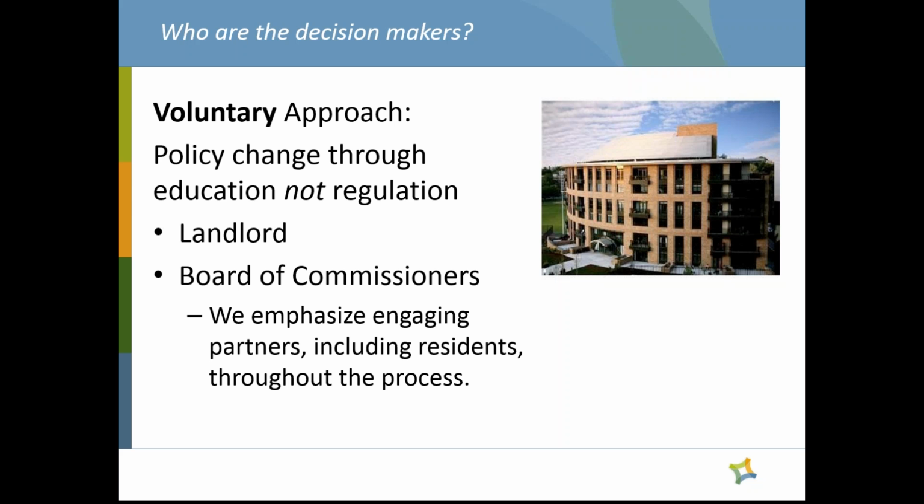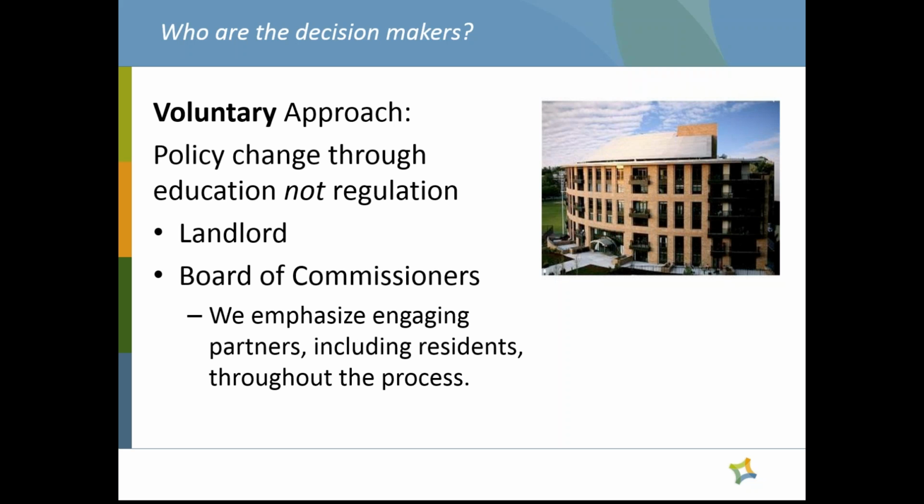There are some municipalities in other parts of the country that have approached this issue of smoke-free housing policy implementation differently and have regulated about it. There are some examples of some cities and towns in California in particular that have enacted legislation that requires landlords to be smoke-free.